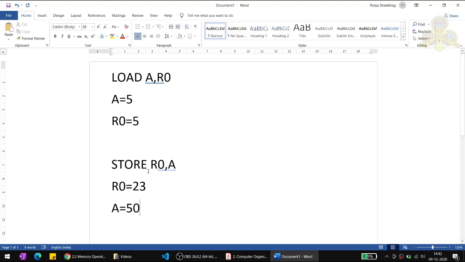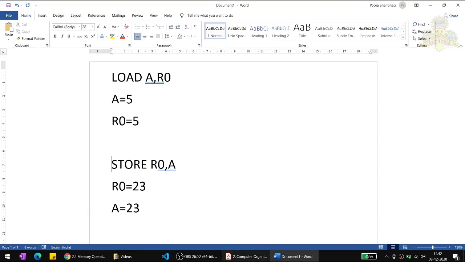Once this instruction is executed, the 50, which was the former content of memory location A, is destroyed, and the new content, the R0 content, is placed in memory location A. Understood? So if possible, mention these two examples as well for this question.